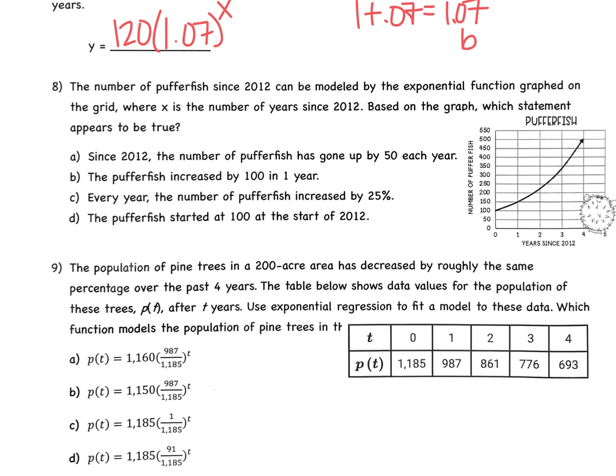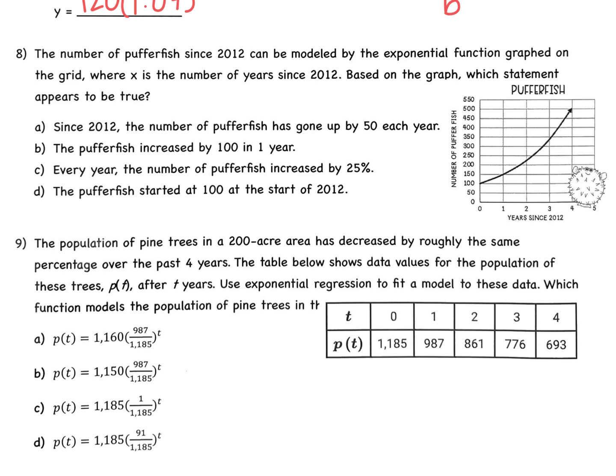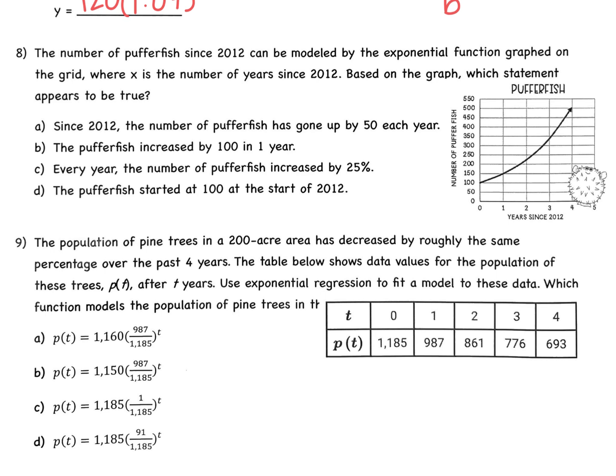The number of pufferfish since 2012 can be modeled with the exponential function graphed on the grid. X is the number of years since 2012. So 0 is 2012 and then so on. Based on the graph, which is true? Since 2012, the number of pufferfish has gone up by 50 each year. Okay, well, it did go up by 50 on the first year.